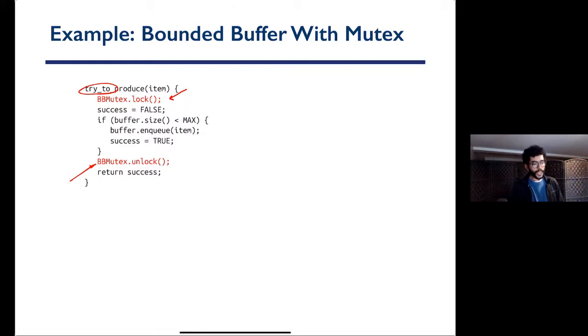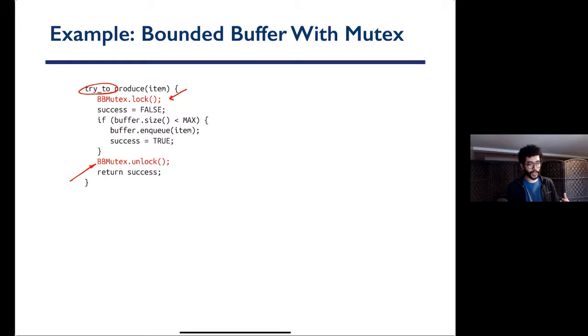Now, I'm defining a success variable that is initialized to false. Then I check once I have the mutex locked, so I have mutual exclusion. So I'm the only one who can manipulate the state of the buffer. So I check if the size of the buffer is less than max, then there is empty space for me to produce or to put the item.